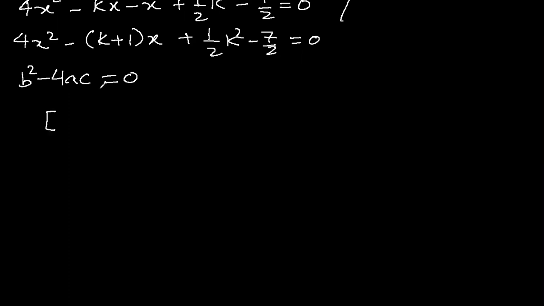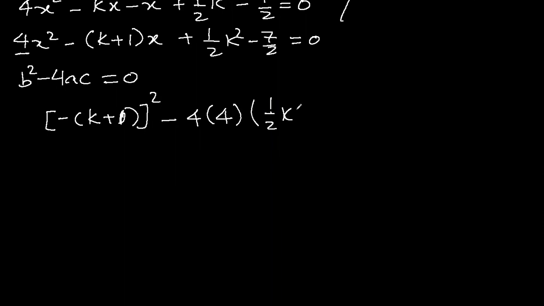So that means b is this for us, minus k plus 1. This is b. Square minus 4 times 4, and c is this half k square minus 7 over 2. This has to be equal to 0.